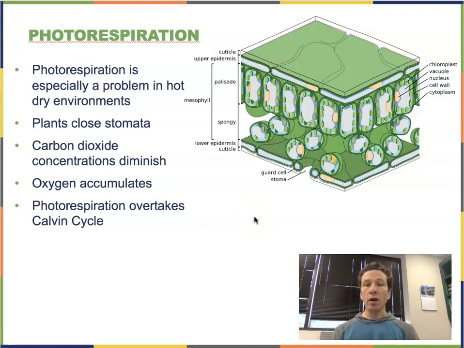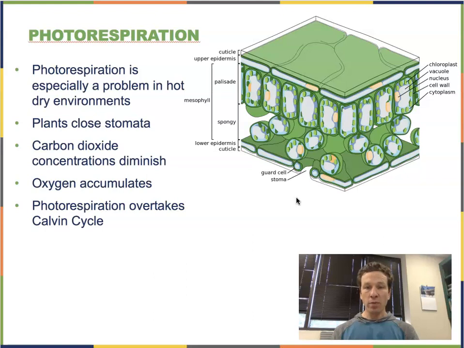However, if the soil is dry and it's a hot sunny day, then the plant needs to prevent water loss. It can do that by closing its stomata. So the guard cells close, this opening closes. That will prevent additional water loss.